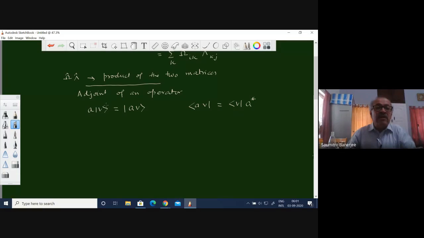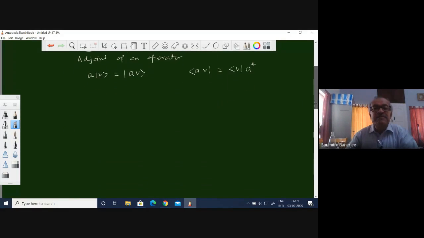When what goes with the vector is a constant, that is simple, but suppose I now operate by a matrix, by an operator, then what happens? I'm now considering an operator omega operating on the vector v.